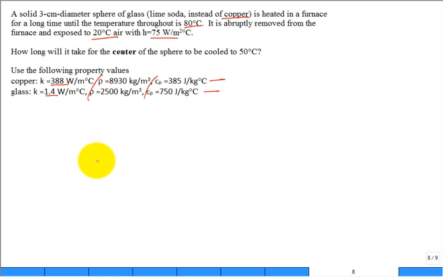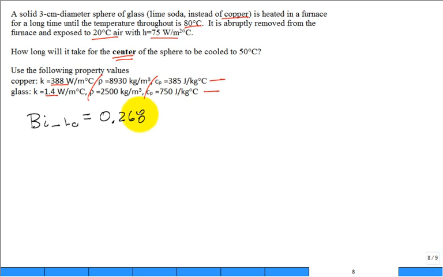So the question is, how long will it take for the center of the sphere to be cooled to 50 degrees C? Now this term center really has more meaning, doesn't it? Because we're going to calculate the Bi number using the characteristic length, which is R over 3 for a sphere, and we calculate that Bi number to be 0.268.